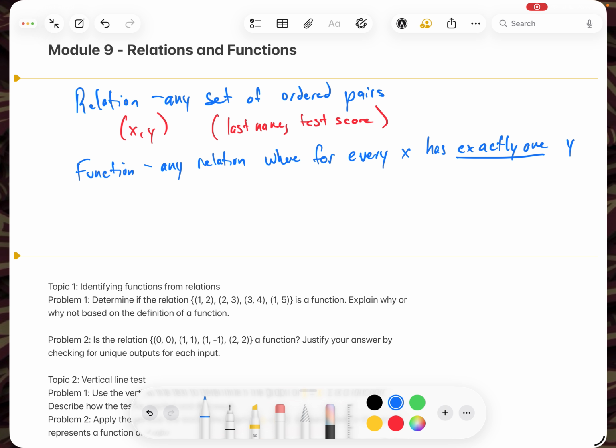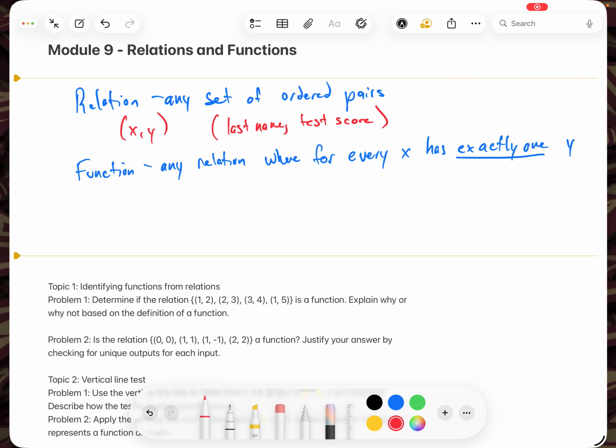Even the last name and test score would be a function, because if I ask what last name, Smith has a 76. But if you got to take the test 2 attempts, that would not be a function, because Smith got a 76 the first time and an 82 the second time. So for every X, there is exactly one Y.